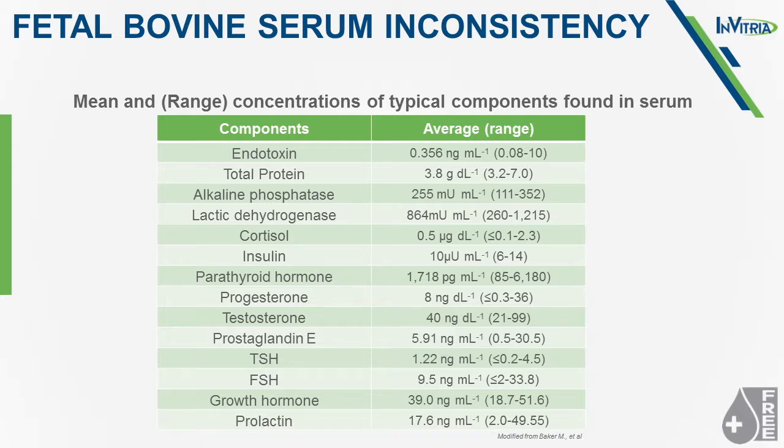And then endotoxin, noted here, can vary 125-fold, and most cell culturists know that endotoxin is a very biologically active substance in cell culture and can really drive different responses within cells. Most components, endotoxin excluded, are in some form included in different serum-free formulations, and so as you can see, the variation of these components can really drive variability in your desired application.